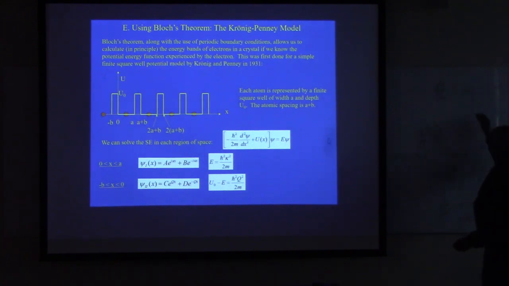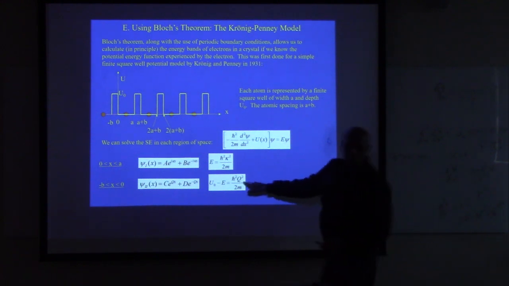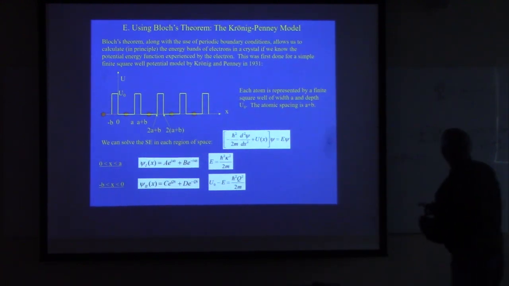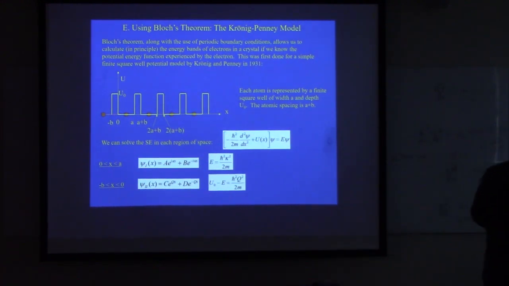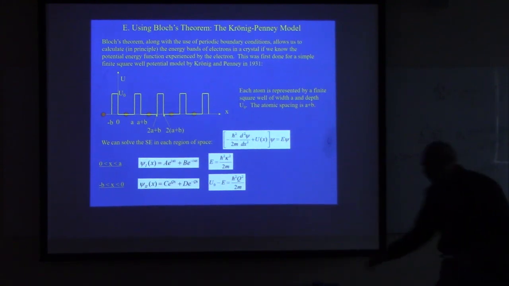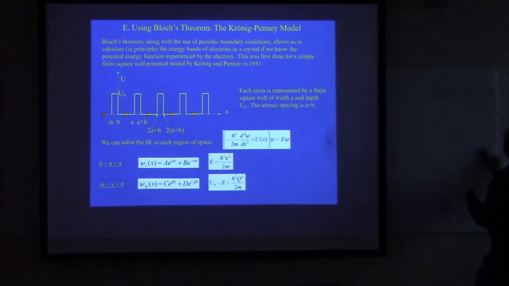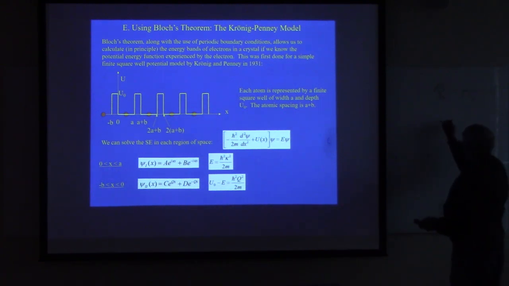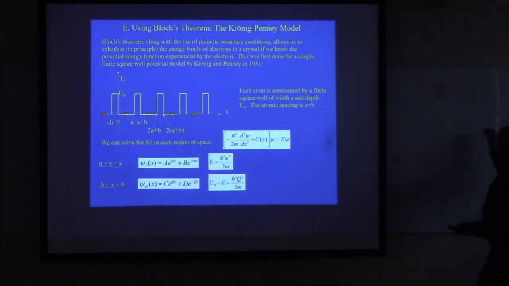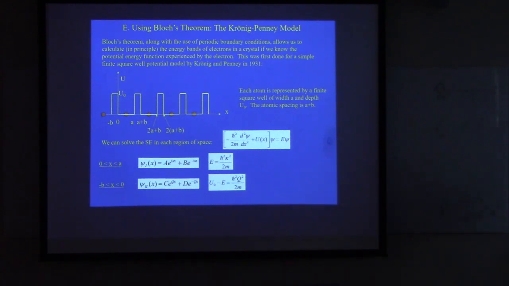We call this one q squared instead of kappa squared. These are straightforward, I don't even have to write, you can understand. So in this region you get d squared psi over dx squared equals a positive q squared times psi.